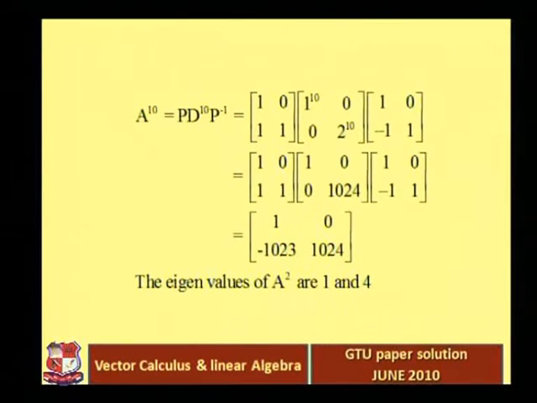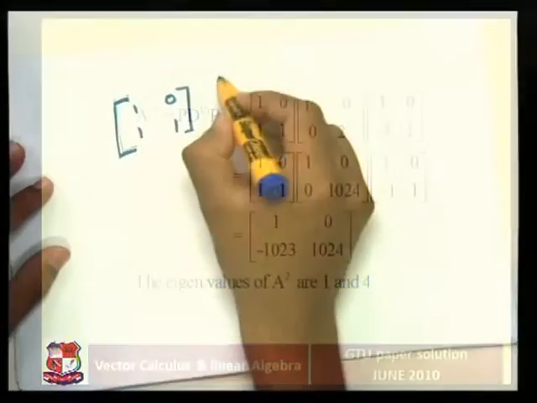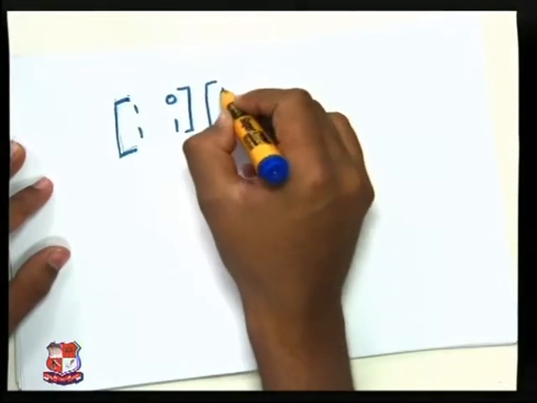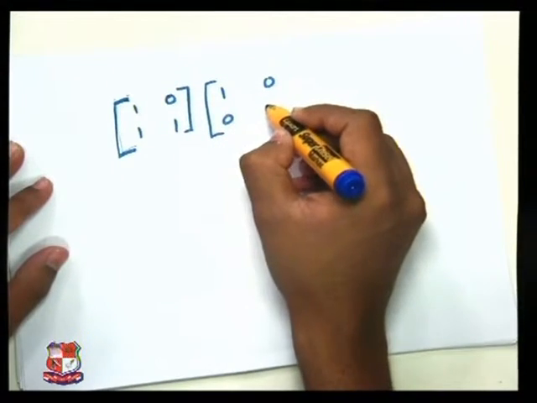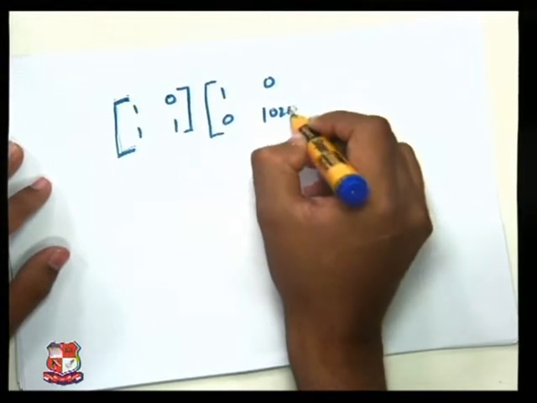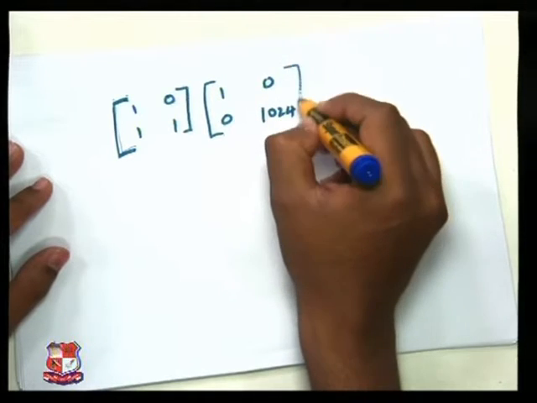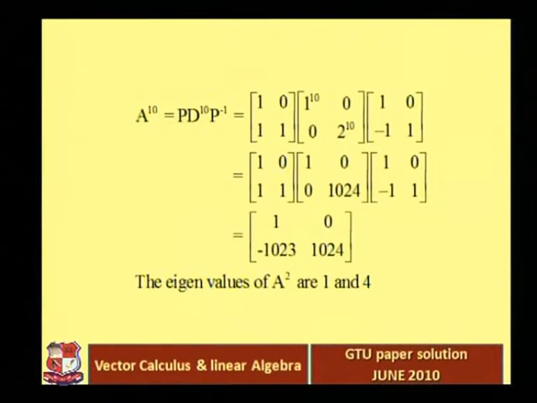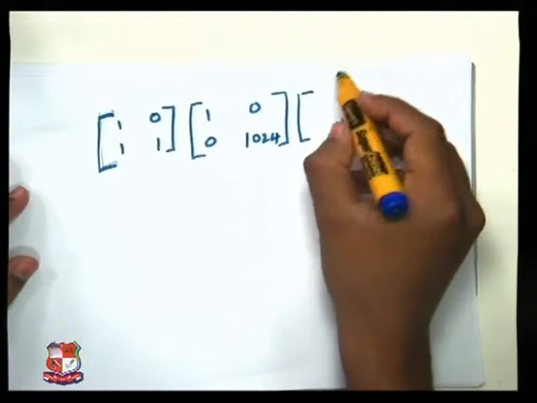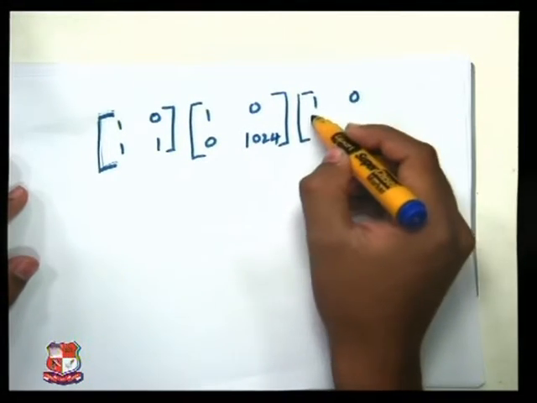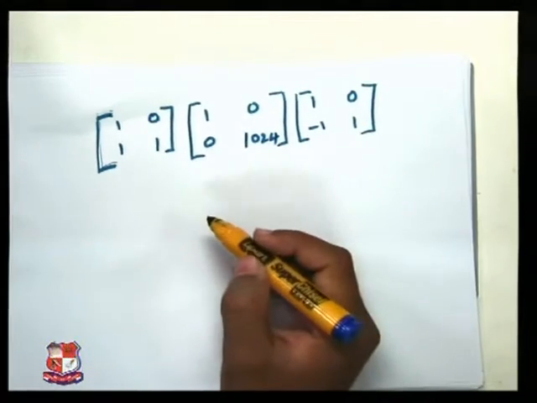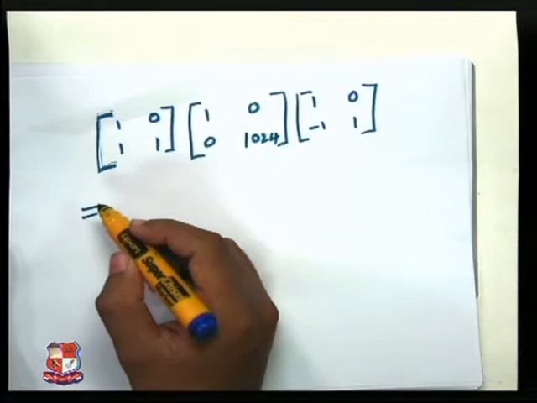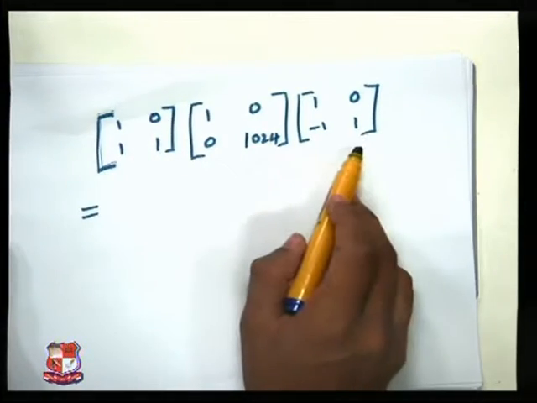This is the first matrix, 1 0 1 1. This is the second matrix, 1 0 0 1024. This is another matrix, 1 0 minus 1 1.